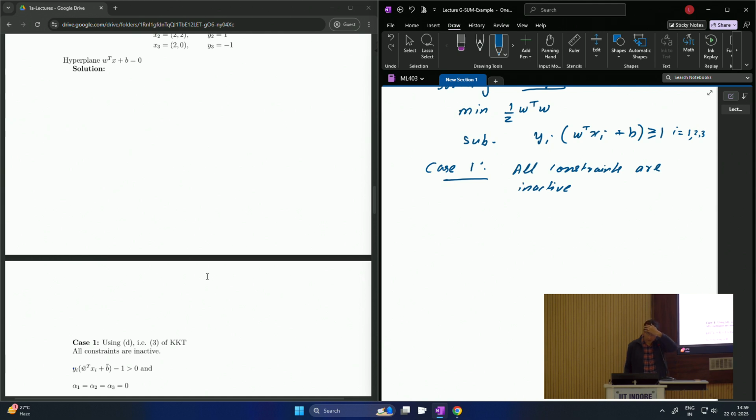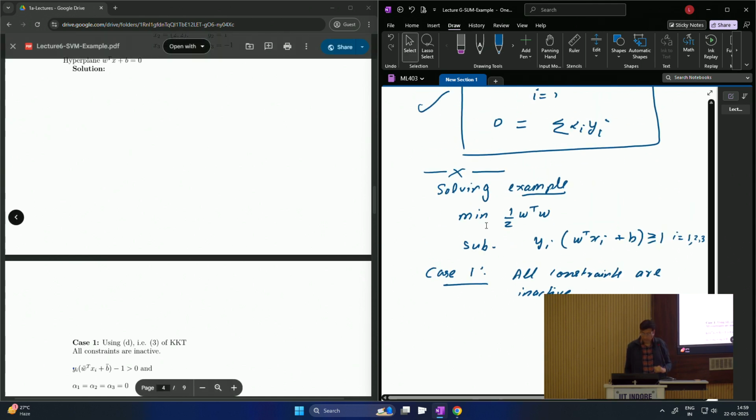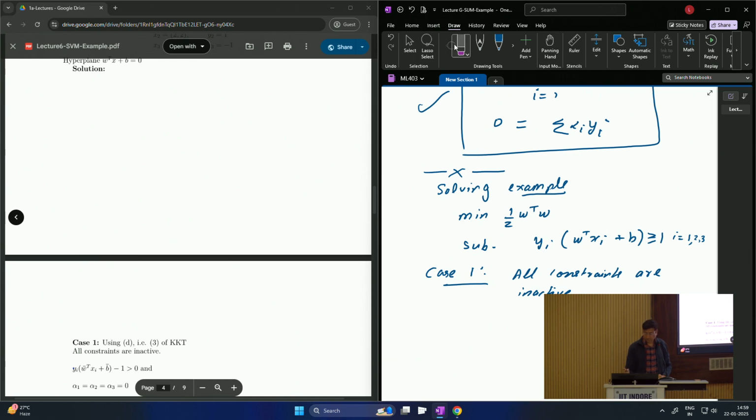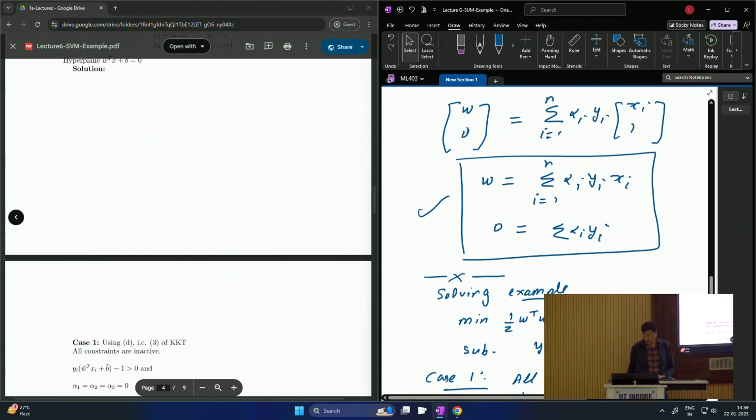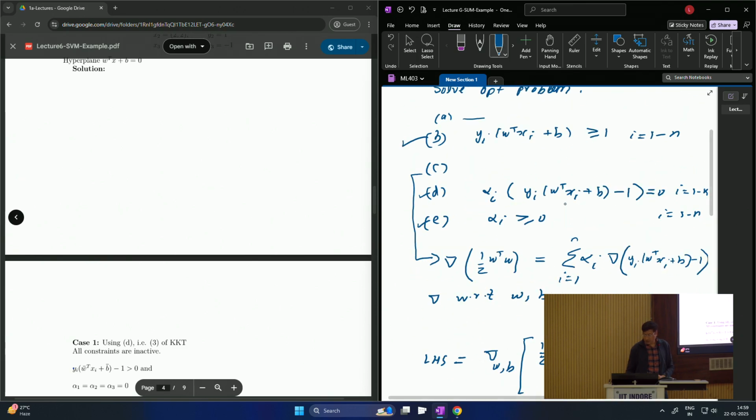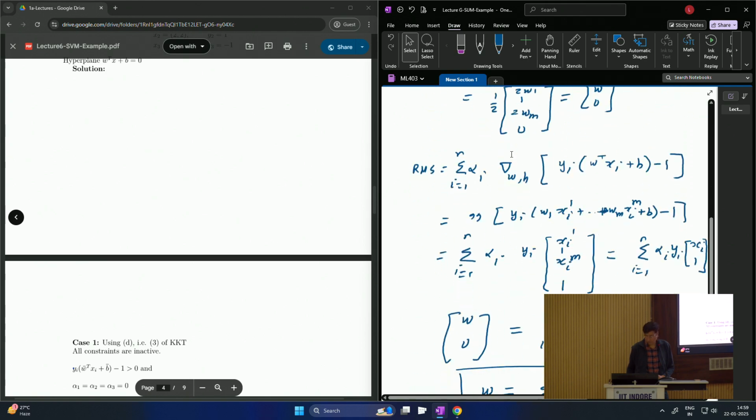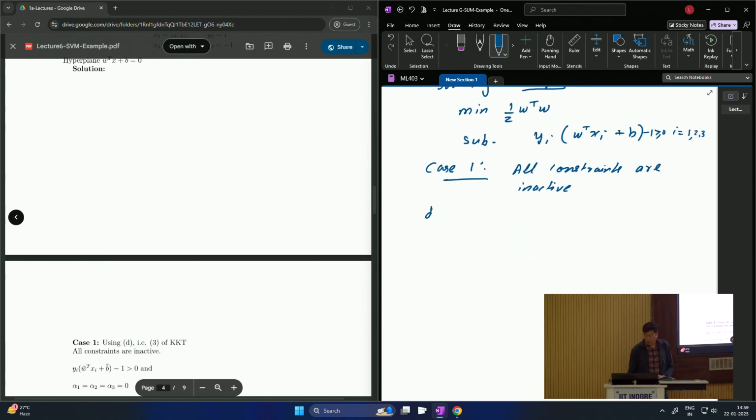So when the constraints are inactive, what does it mean? Yeah, which means that they are strictly greater than 0, and then we go back to our D condition, which means that all alphas will be equal to 0. Correct? So from D we know that alpha 1 is equal to alpha 2 is equal to alpha 3 is equal to 0.